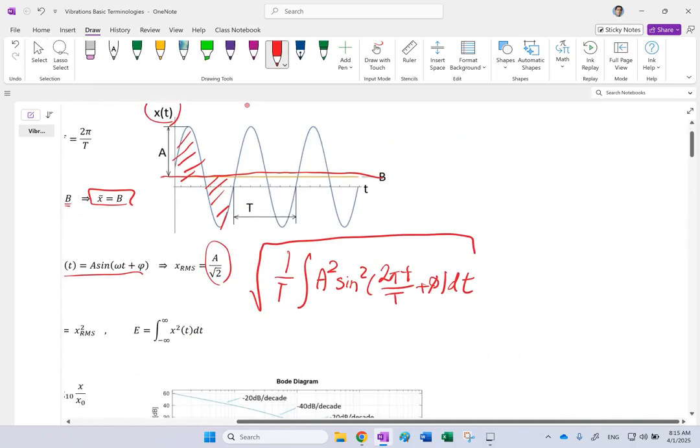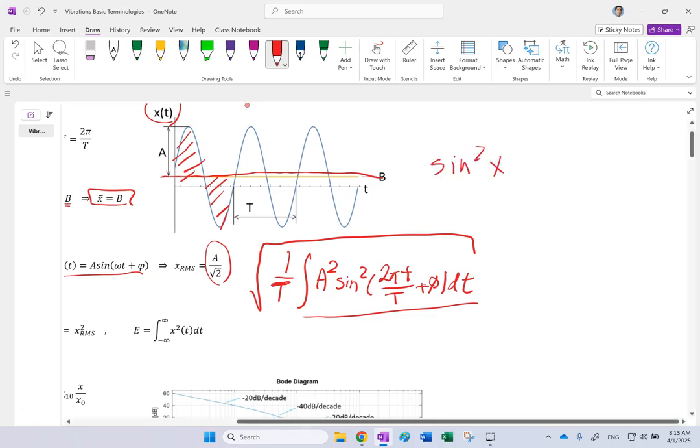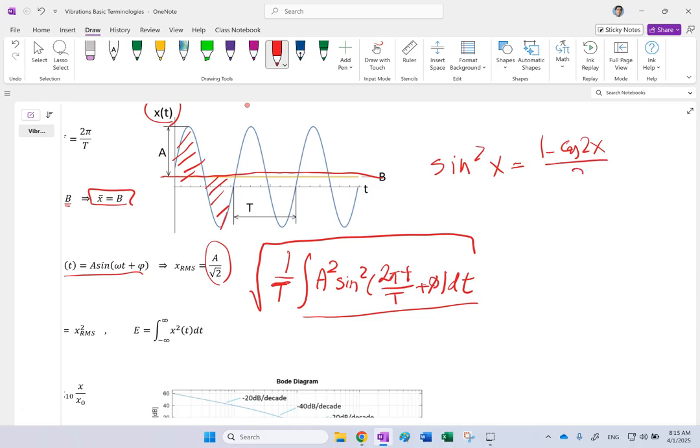So before you divide by T and take a square root, what you need to calculate is this integral, and this is the integral of a sine squared, right? And so you know that sine squared of x is 1 minus cosine of 2x over 2, correct?